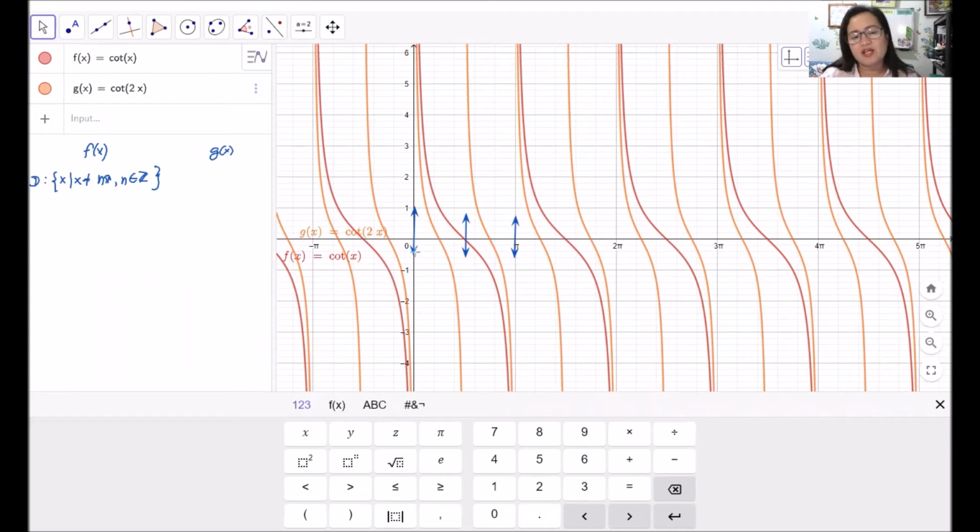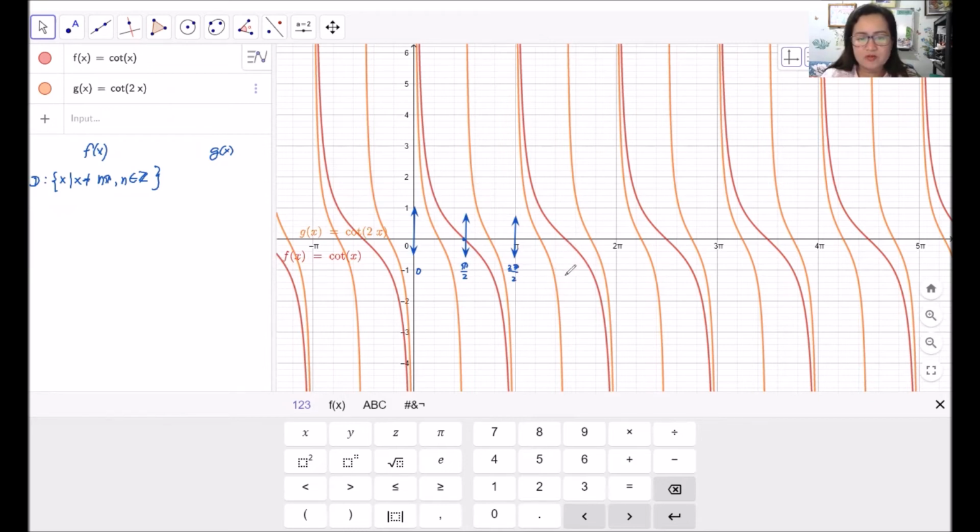It seems like in the interval 0 to pi, there are 2 complete cycles. So the frequency is 2. Now we determine this point. This is pi over 2. So this is 0, pi over 2. Then we will have pi, but this can be expressed as 2 pi over 2, so that we can see clearly the pattern.